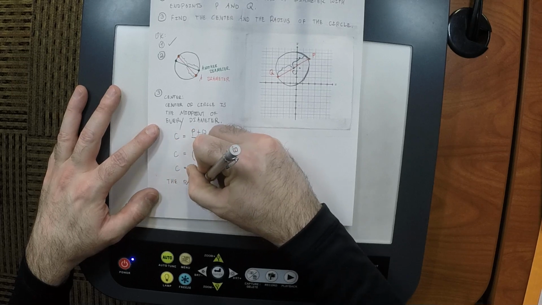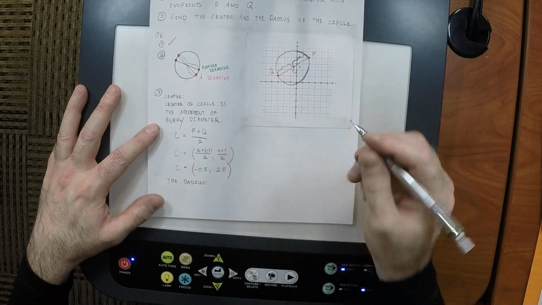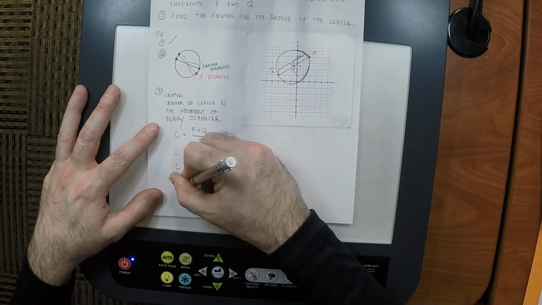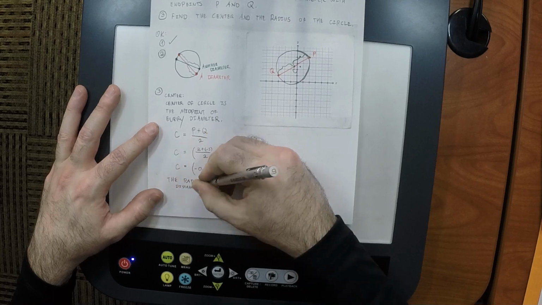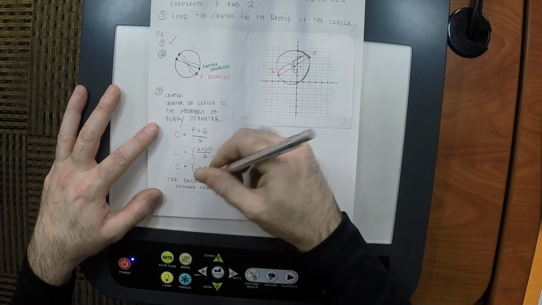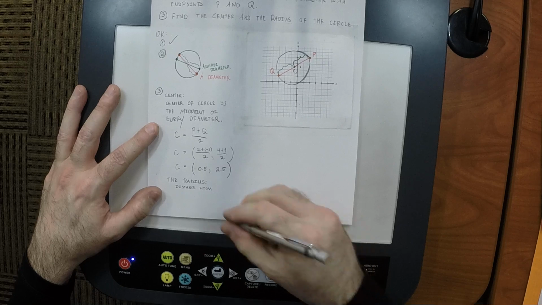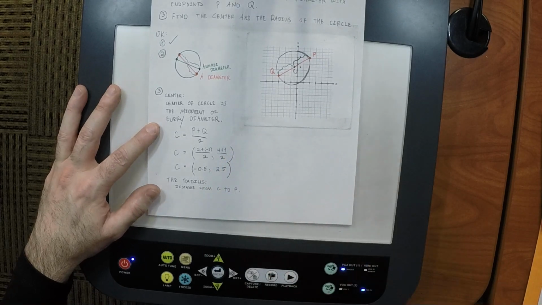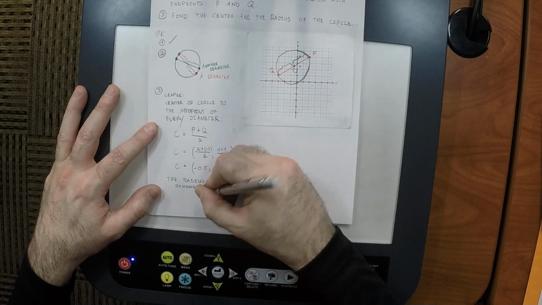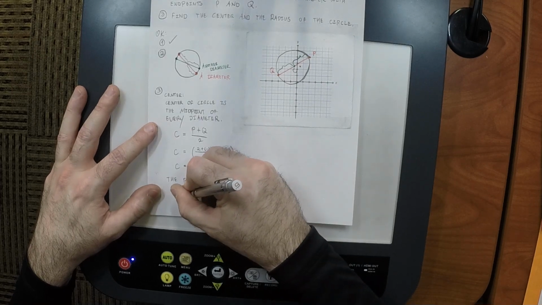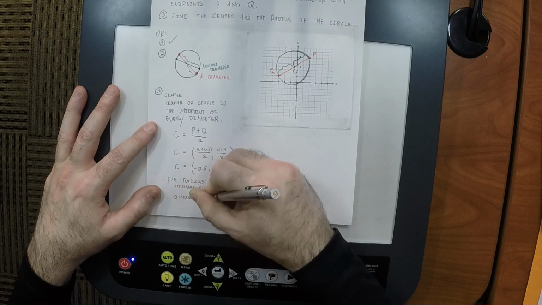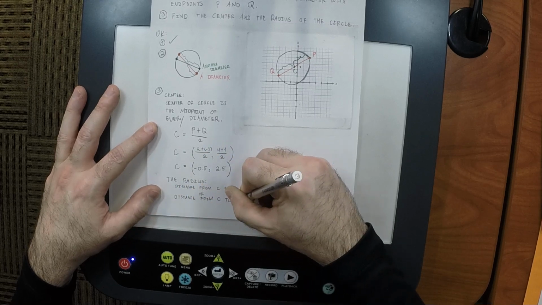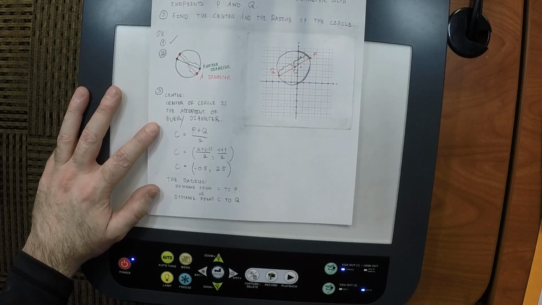So for the radius, here's several possibilities. We could find the distance, which is to say the unsigned distance, from C to P. That'd work. Or we could find the distance from C to Q. That would work.